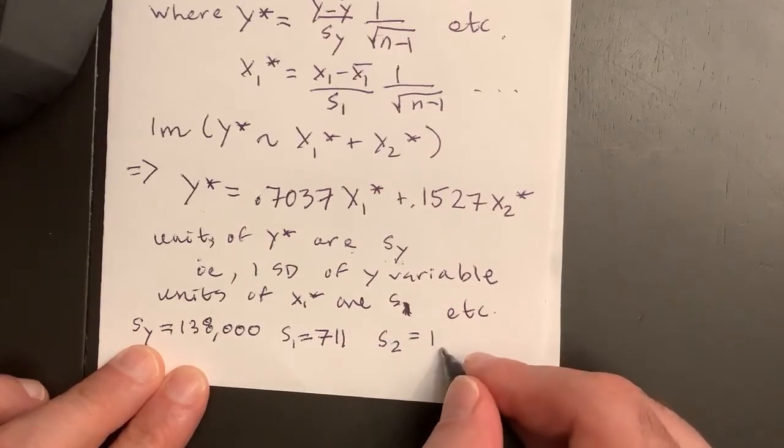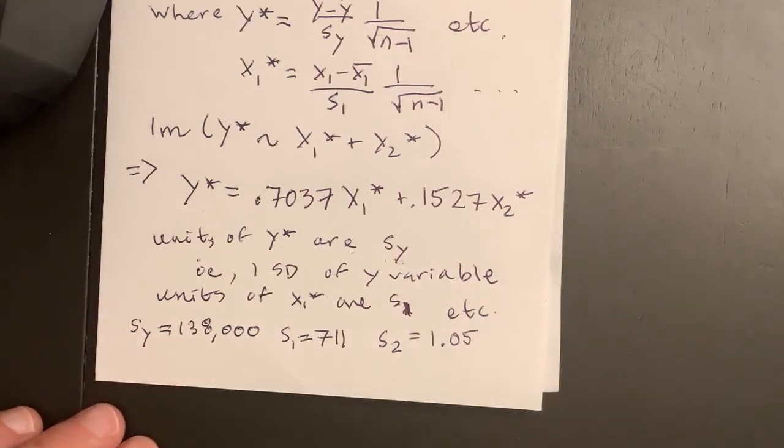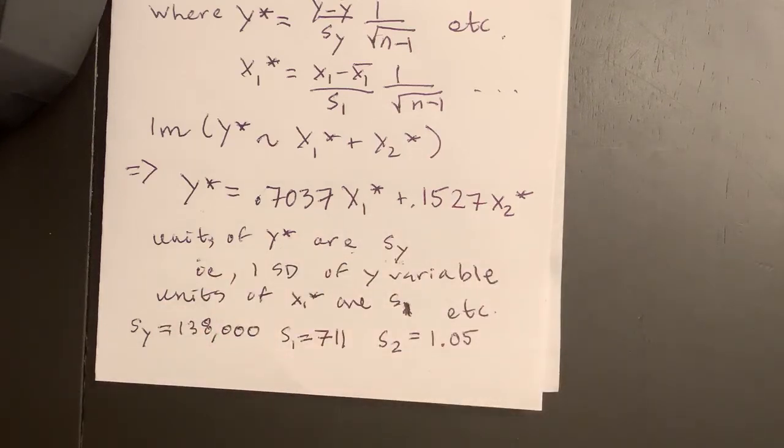It's actually 1.06 or something, so I'll put 1.05. Okay, so this is about what the standard deviations are, and these are the units they are in. Okay? All right.